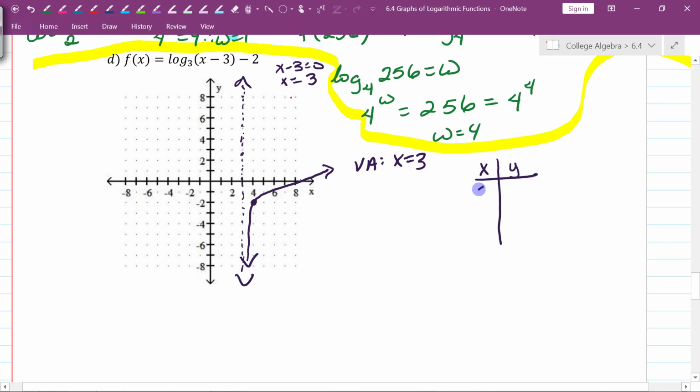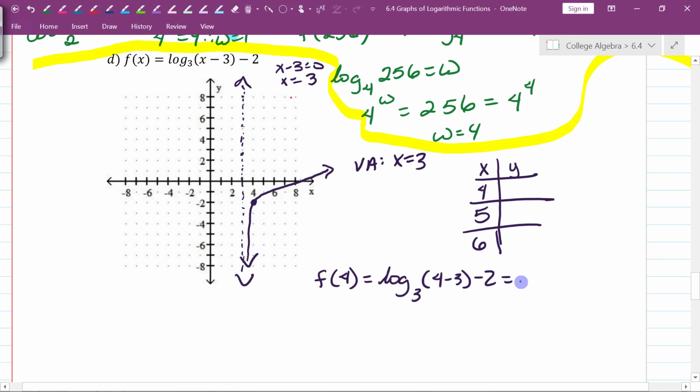Now, I need to find a couple of known points, x and y, and I told you earlier that I would calculate 4, 5, and 6. The first one I'm going to calculate is f of 4. So this is going to be log base 3 of 4 minus 3, minus 2. So this is log base 3 of 1 minus 2.